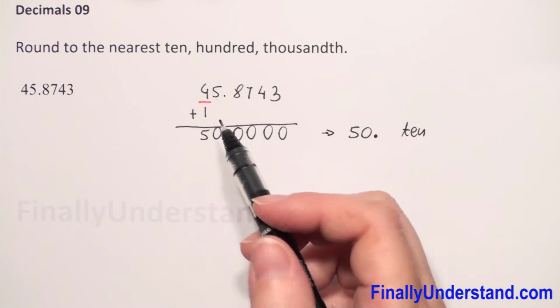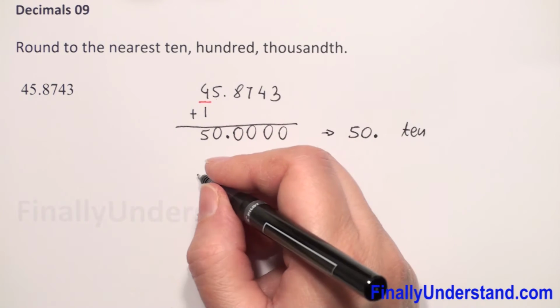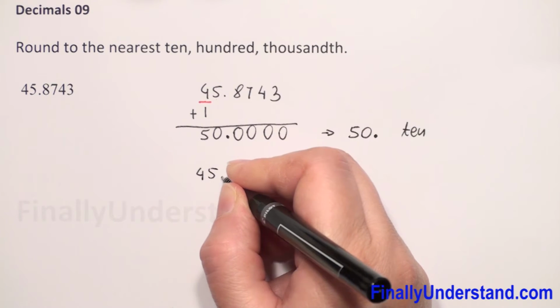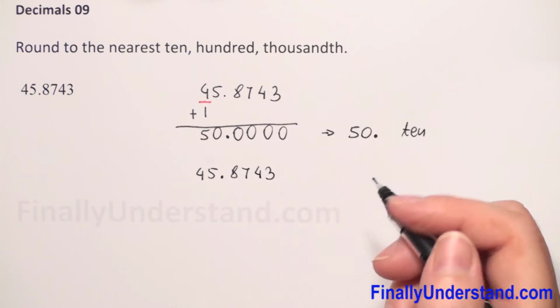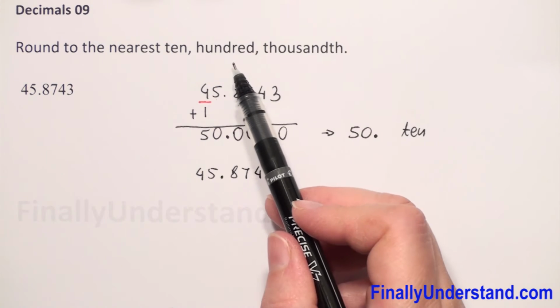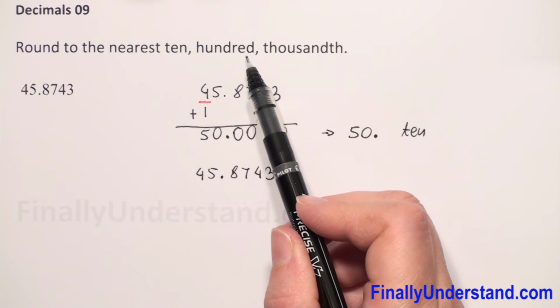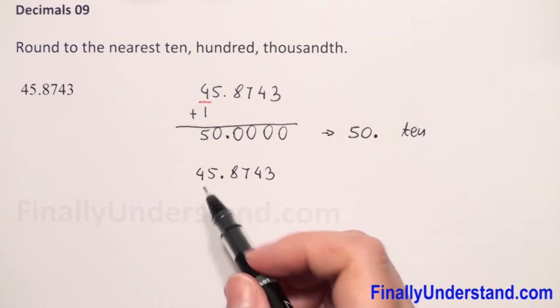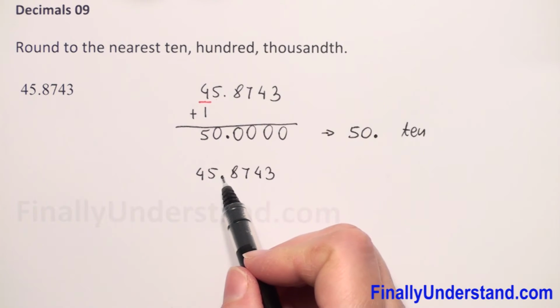Next, we have to round to the nearest 100. So let me copy our example. We have 45.8743. We need the nearest 100 because we have D at the end. It means we have to move to the left from the decimal point.